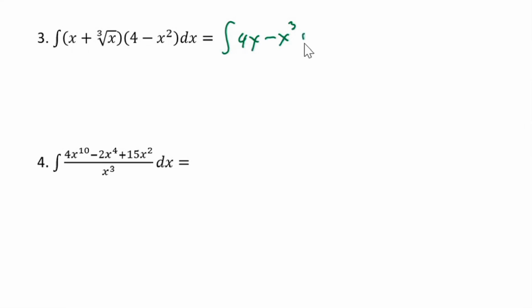Inner terms, plus 4 times the cube root of x. And last terms, we have the cube root of x times negative x squared, which gives us negative x raised to 1 plus 1/3 plus 2. So it gives us the exponent of 7 over 3, dx.